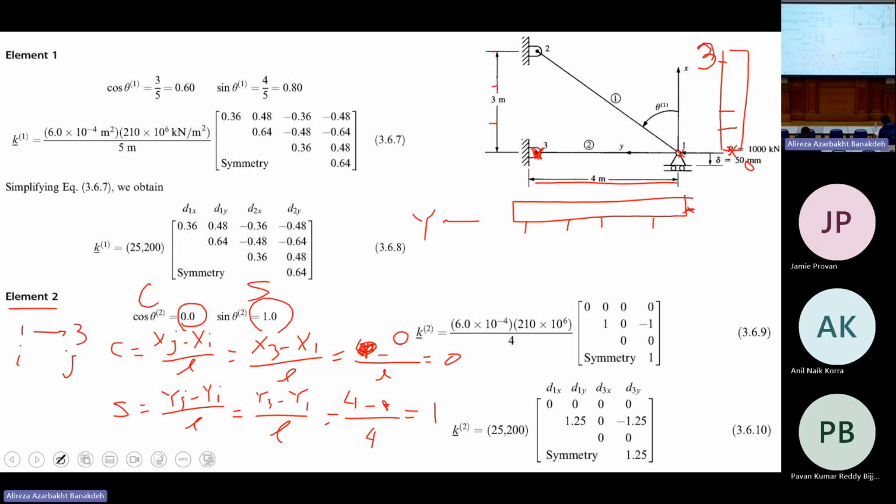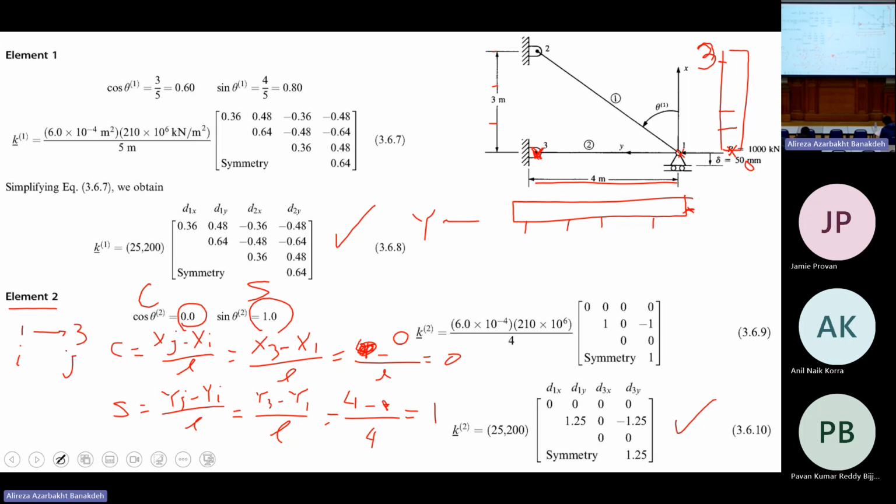When you have your C and S, you can just assemble your 4x4 matrix for individual elements, right? This is for element number 2. This is for element number 1. So you just need to repeat everything for whatever number of elements you have.